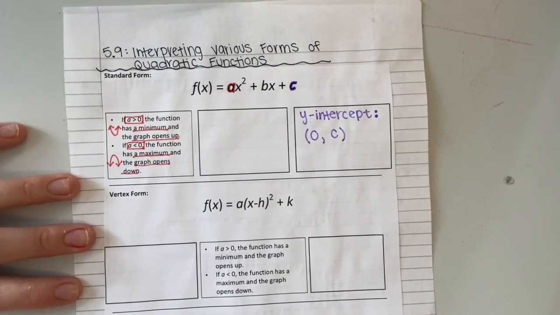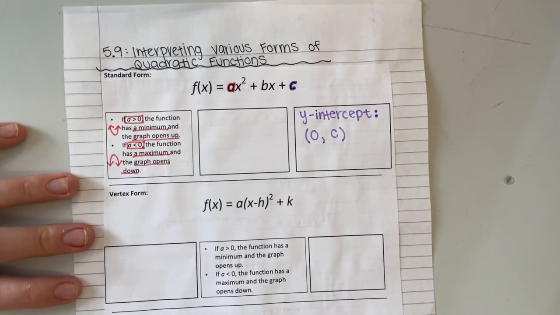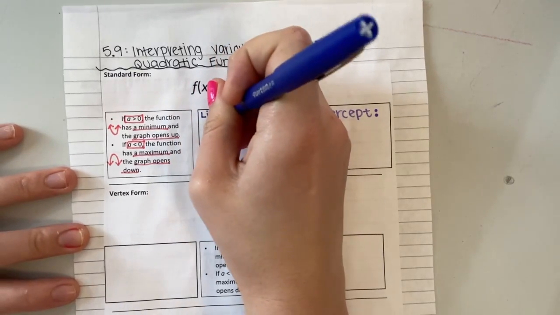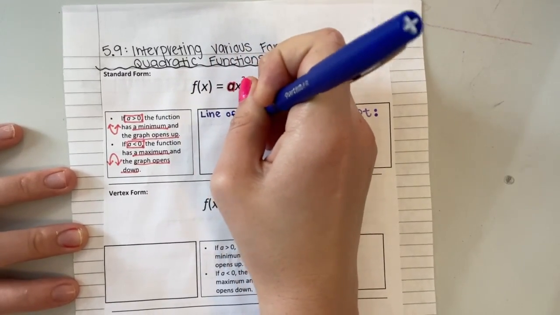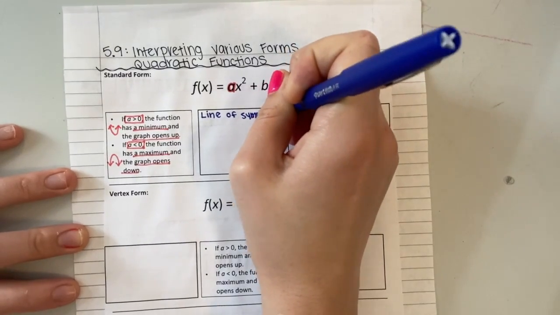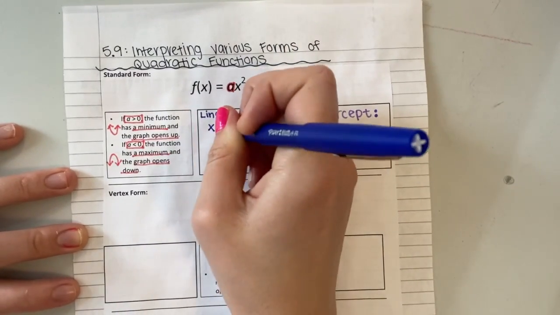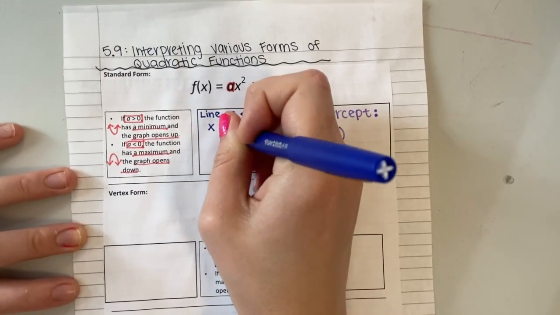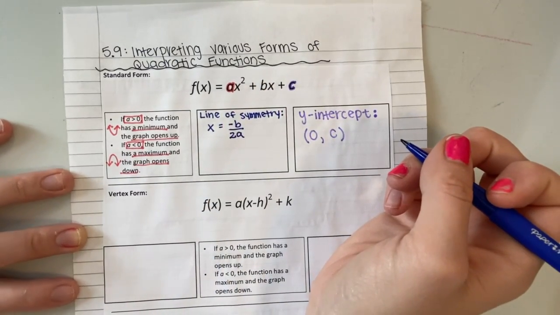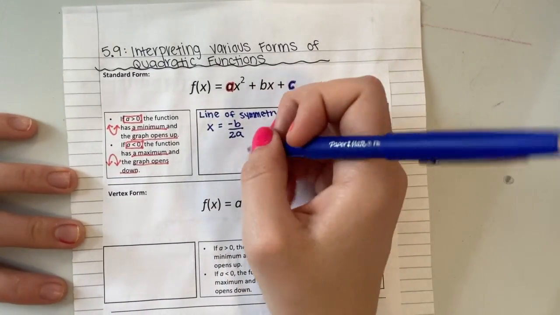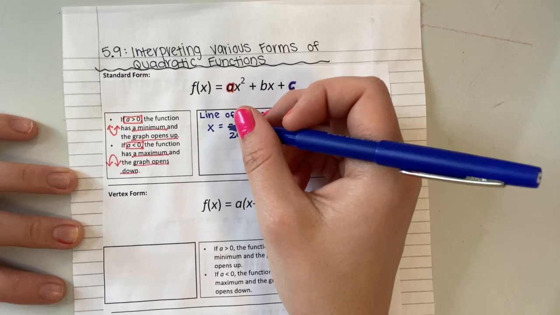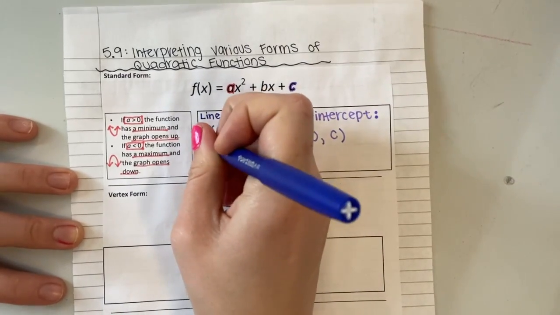The other information it gives me is the vertex and the line of symmetry. I'm going to start with the line of symmetry. So I know my line of symmetry I can find with x equals negative b over 2a. And then in order to find my vertex, I know the x value of my vertex is just the same as the x of my line of symmetry, but I also need to find the y value.